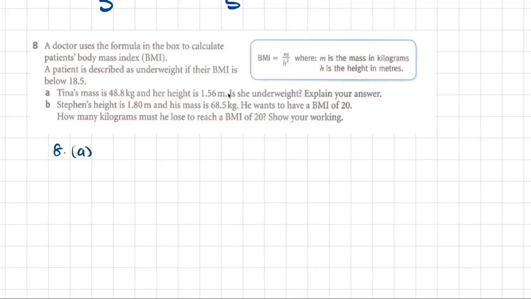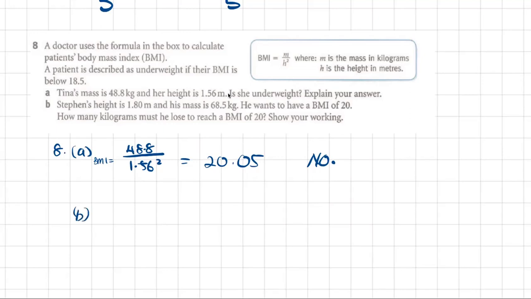Mass divided by height squared. Why? Because it's more than 18.5.